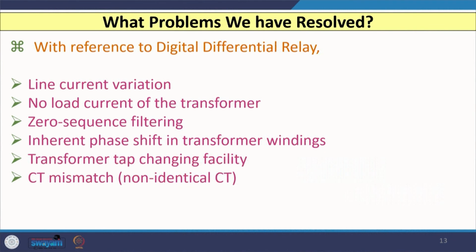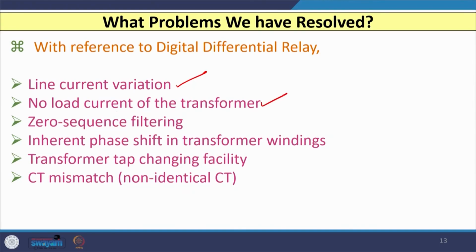Now, with this background, let us see what we have discussed. With reference to our digital or numerical differential relay, we have considered the line current variation. If you have HV side or LV side, the voltage ratios are different, so current ratios are also different, and CT ratings are also different.